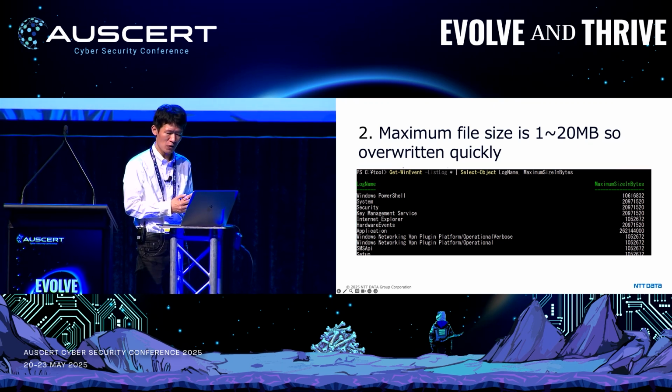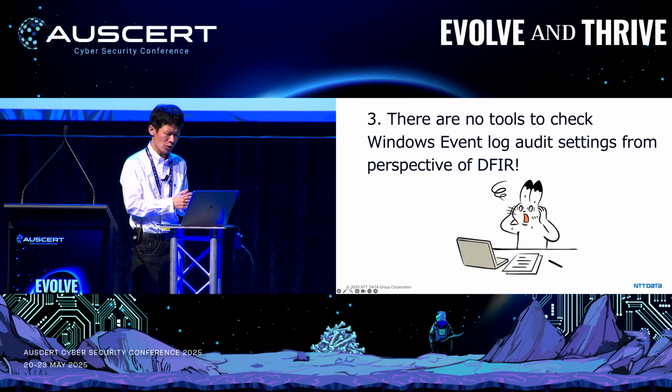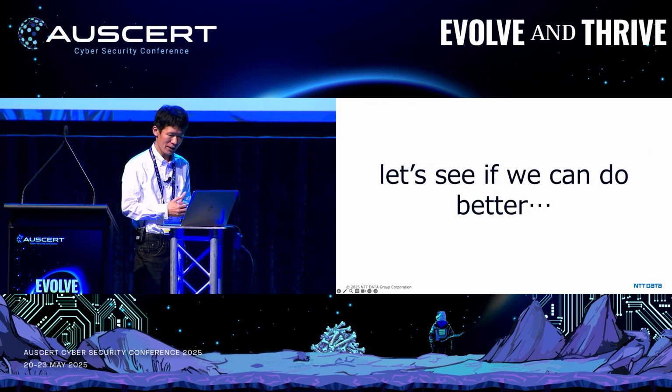The size ranges from 1 to 20 megabytes, so they are quickly overwritten. Also, there are no tools to check Windows event log audit settings from the perspective of DFIR. Let's see if we can do better.